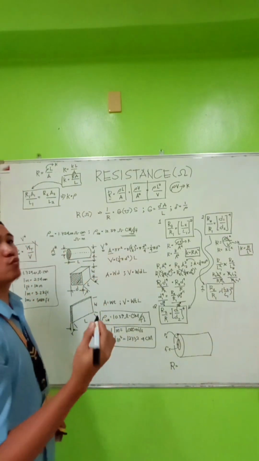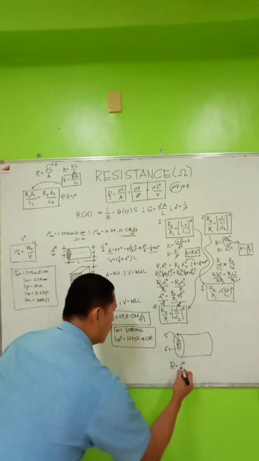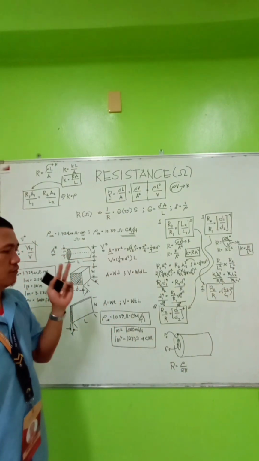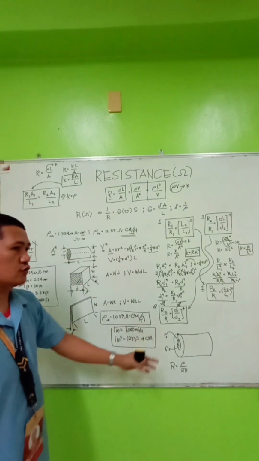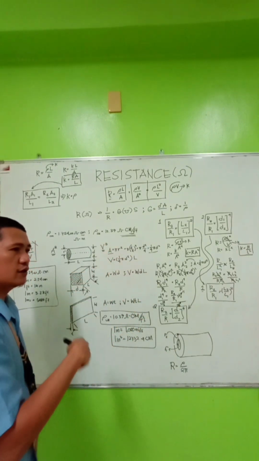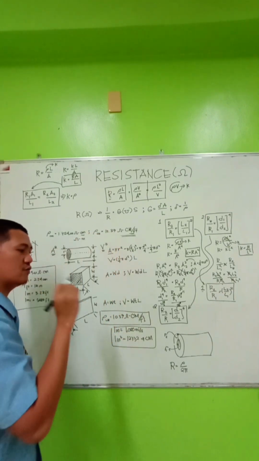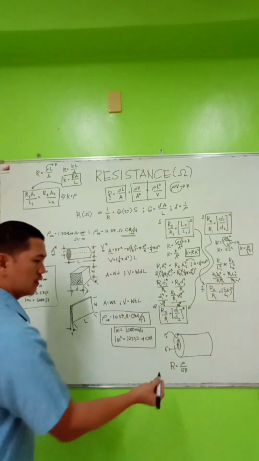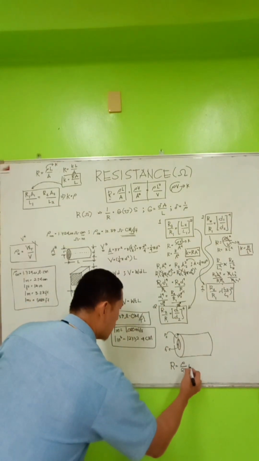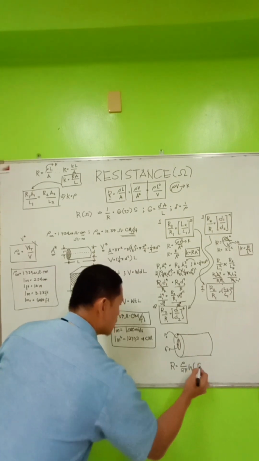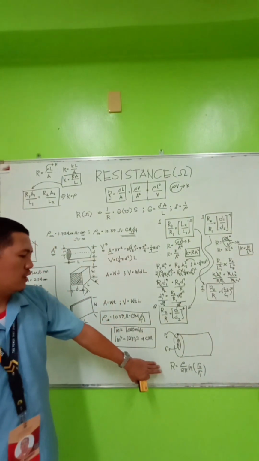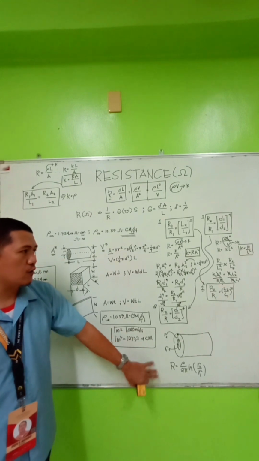That is equal to the resistivity over 2 pi, because there are two different radii. The first is from the center of the cable going to the radius of your conductor, R1, and the second is from the center of the cable going to the skin of your cable, R2. So resistance is equal to the resistivity over 2 pi ln of radius 2 over radius 1.